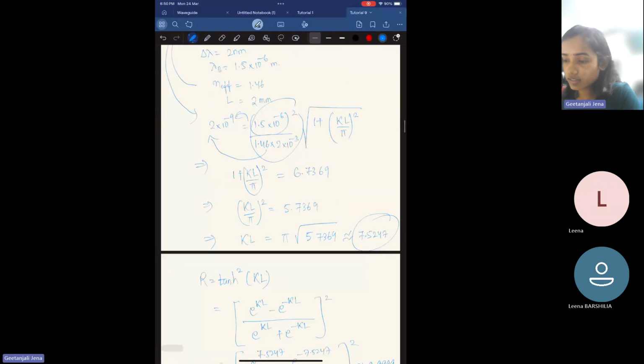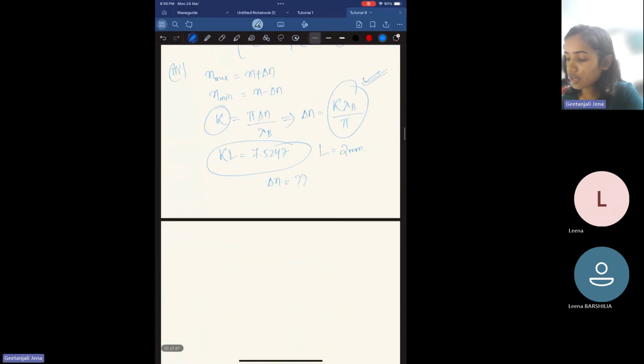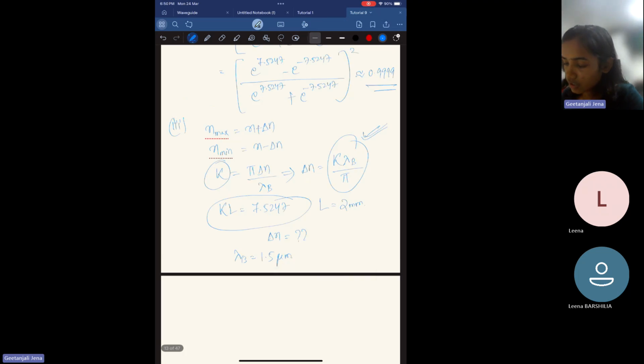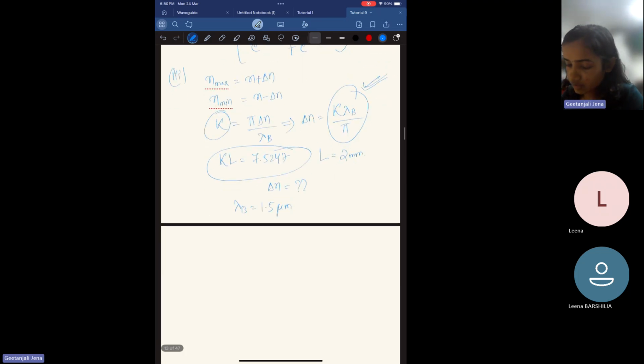This is delta n. So have you used lambda b as 1.5 micrometer? Okay, then don't be like that.